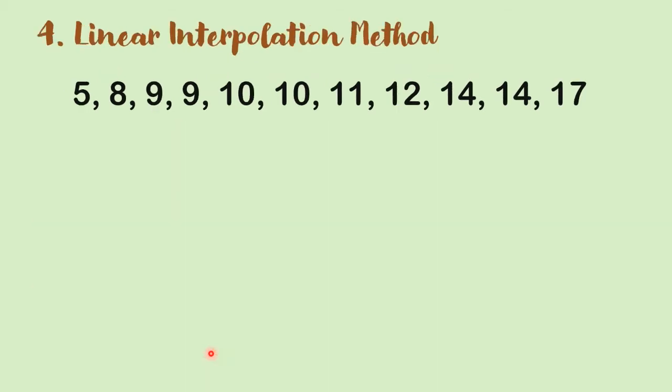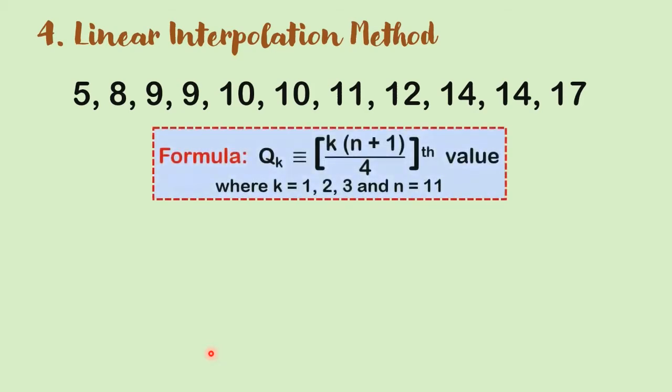Alright? Now, let's have this fourth method. Okay, the linear interpolation method. Okay, so this method is related to the third method, the Mendenhall and Sincich method. Okay, so we will be needing this formula again. But we cannot apply this method to our example.